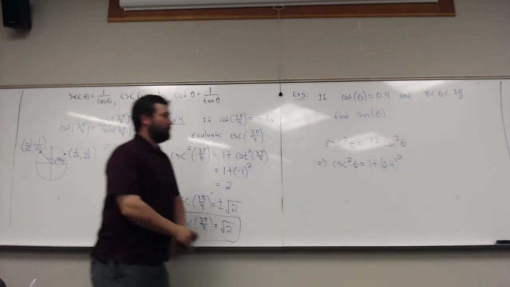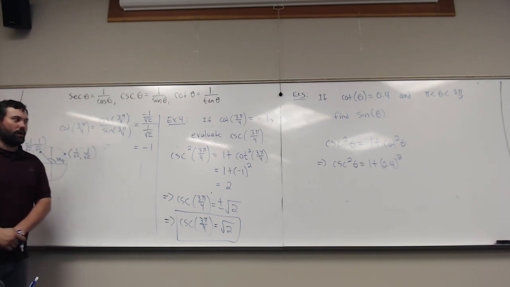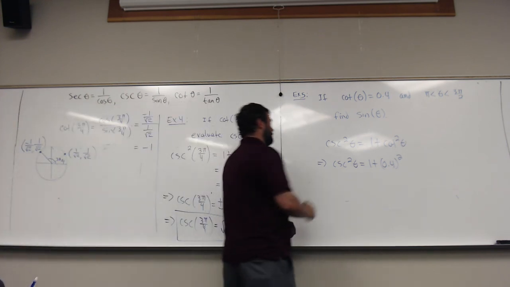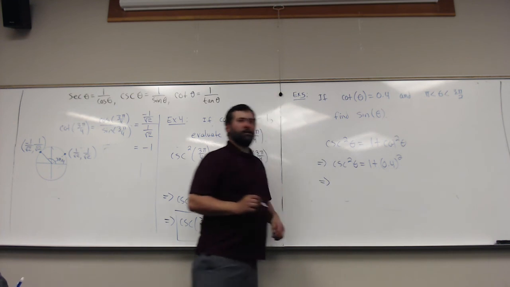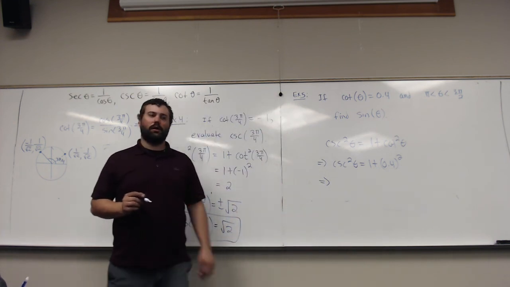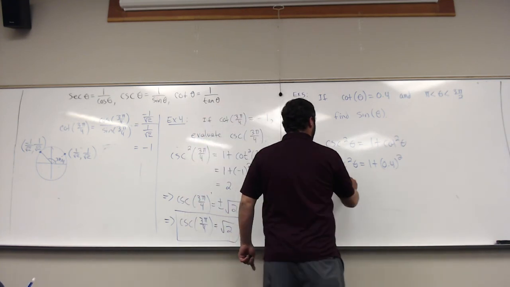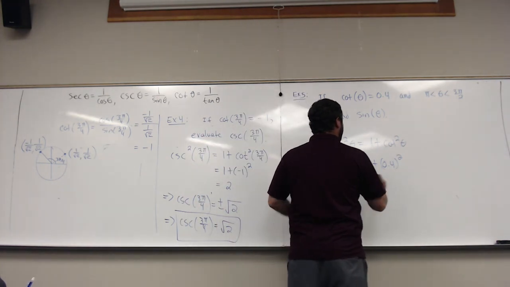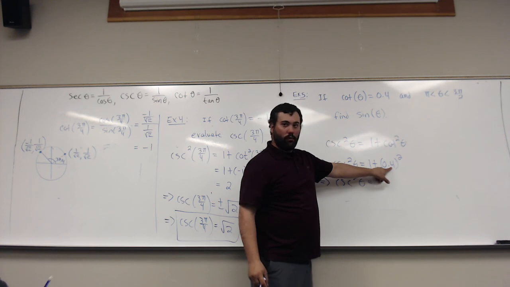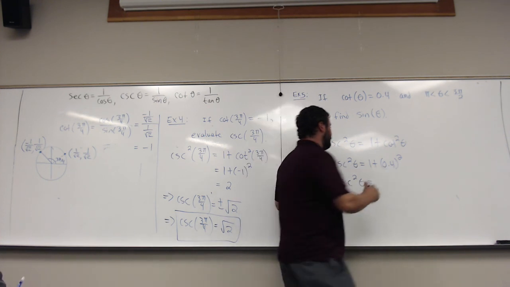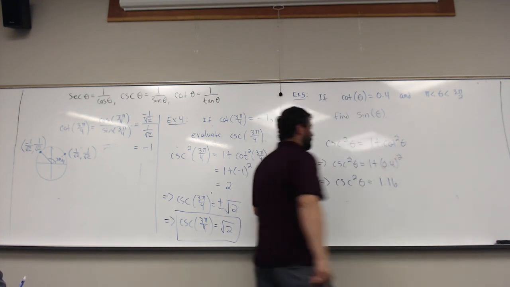So cosecant squared would be 1 plus 0.4 squared. And is 0.4 squared 0.16? Yeah. Okay, so cosecant squared theta, 0.4 squared is 0.16, plus 1 gives you 1.16.